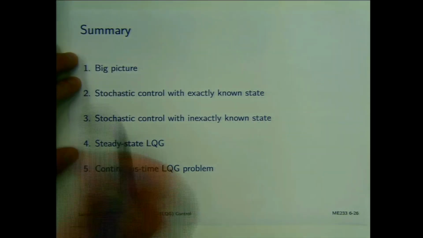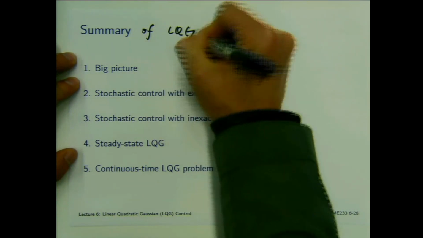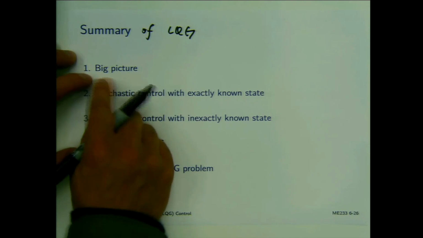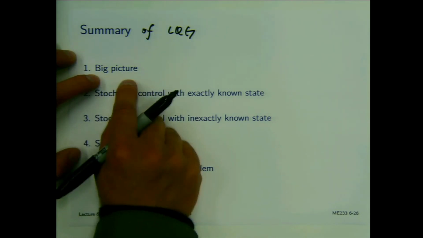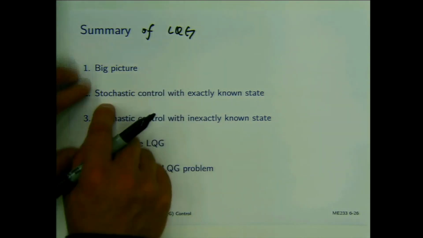As a summary of the LQG problem, you need to understand what LQG is, what kind of cost, for example, is minimized in LQG, and why we have to do LQG. Why can't we just do a regular LQ? Okay?